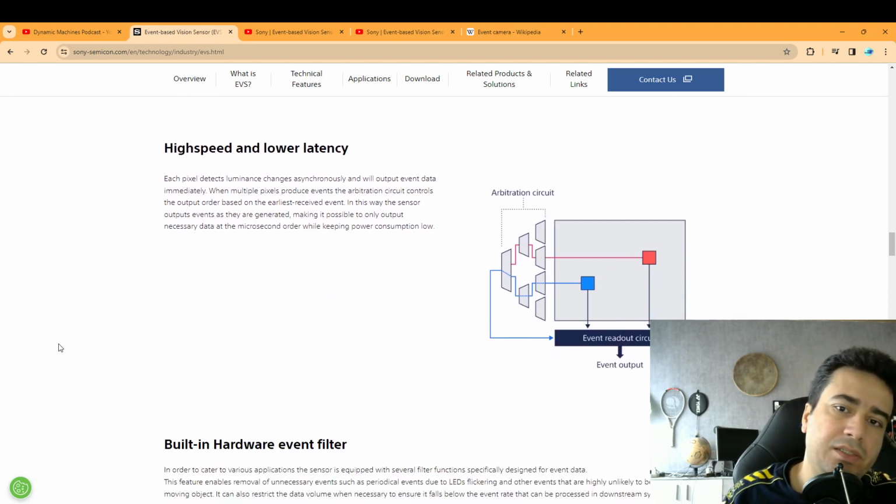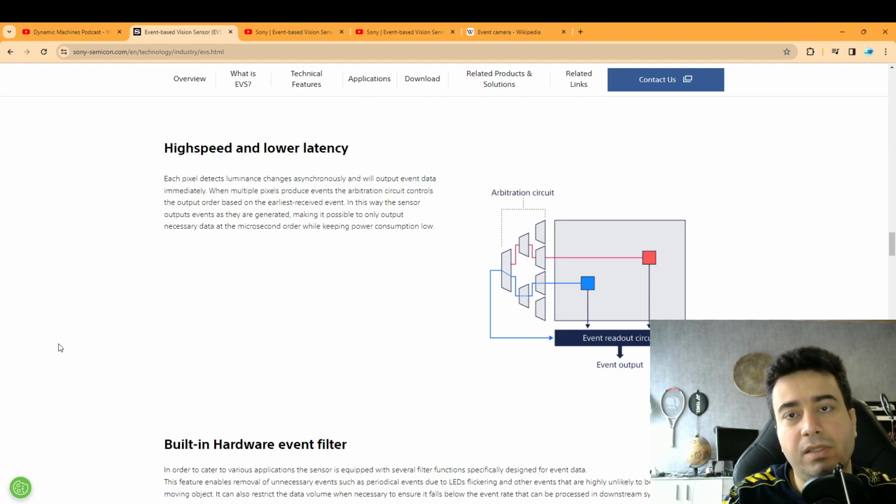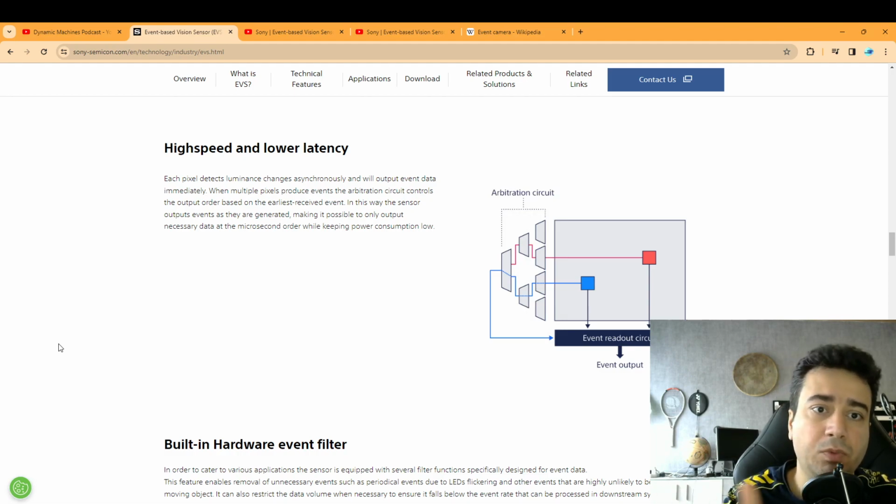All right, so it seems that we have a much more compact design. And because of this compact design and the inherent basis of this technology, there is high speed of computation and also lower latency. Because each pixel detects luminance changes asynchronously and outputs event data immediately, there is, as I said, no real need for any post-processing.